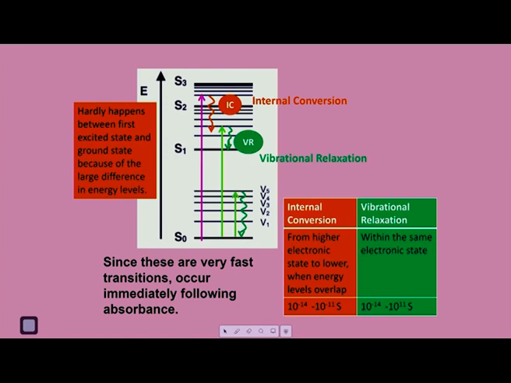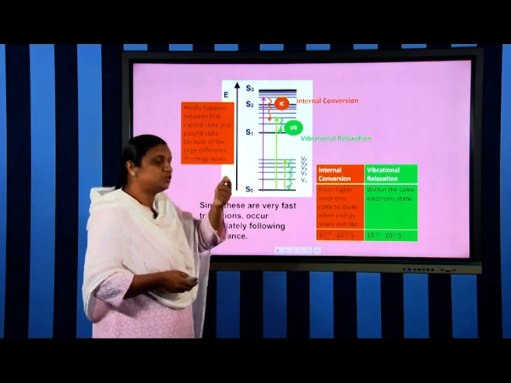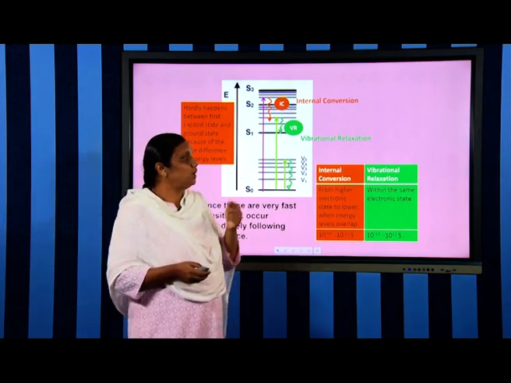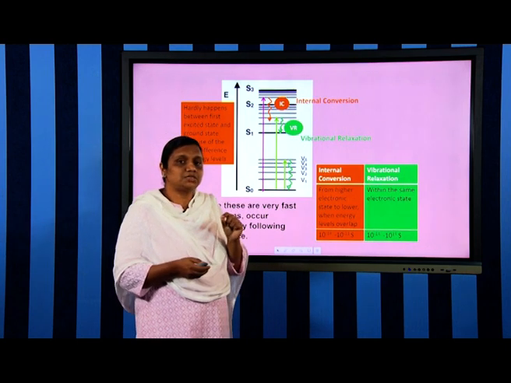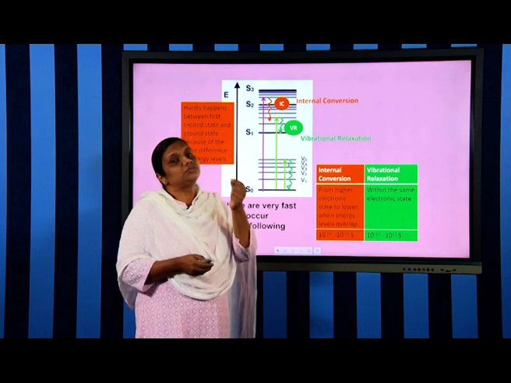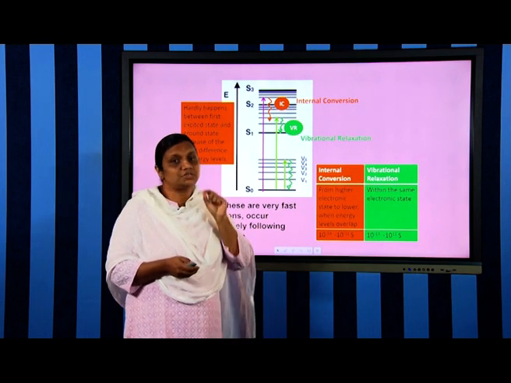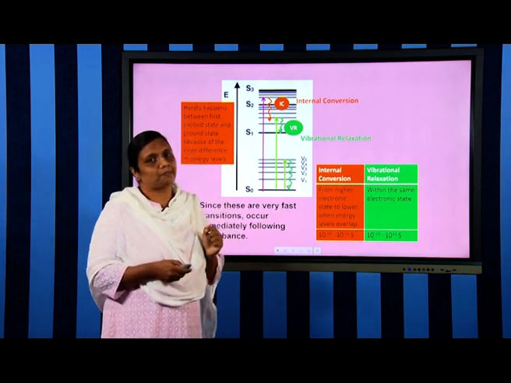Both happen within the range of 10 to the power of minus 14 to 10 to the power of minus 11 seconds. The major difference is that internal conversion happens from a higher electronic state to a lower electronic state, while vibrational relaxation happens from a higher vibrational state of one electronic state to the lowest vibrational state of the same electronic state.